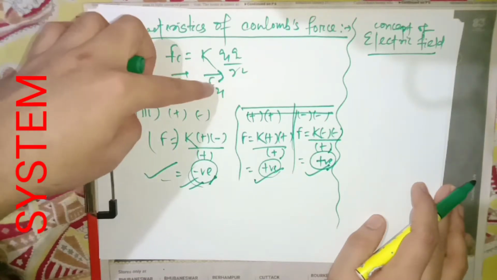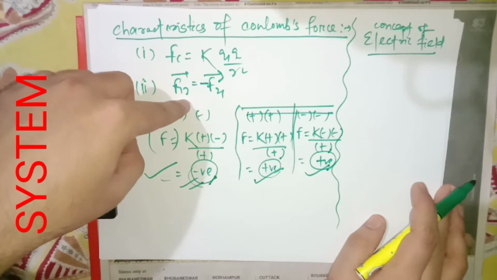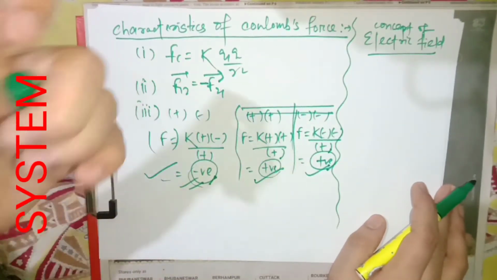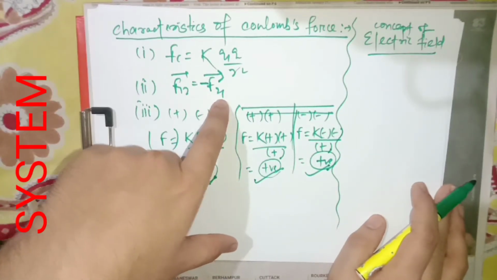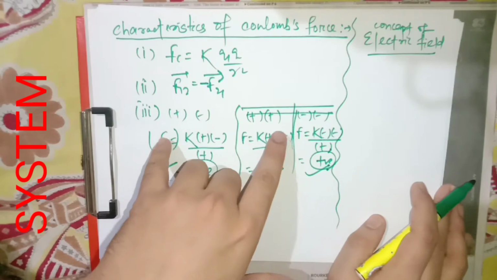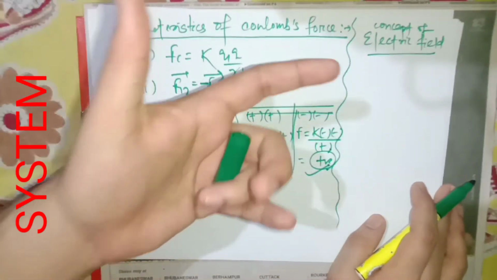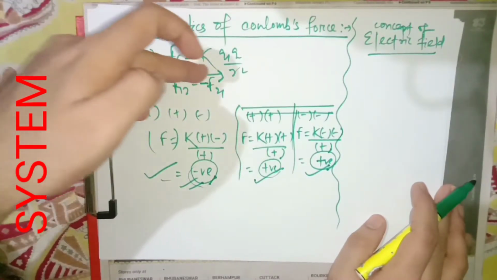Then F12 equal to minus F21, that is the force on one due to the second body is equal in magnitude but opposite in direction to the force on the second body due to the first one. Then it is an action-reaction force, that is, it purely obeys Newton's third law of motion, F12 equal to minus F21.